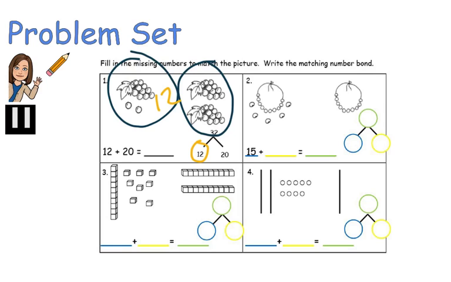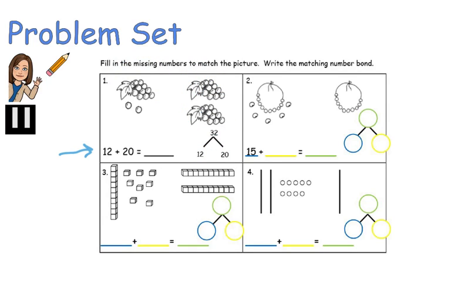And this group has 2 groups of 10, so that's 20, which they also filled in our number bond. So now we have to add 12 and 20 together, just like our equation is showing. So let's see. We have 10, 20, 30, 31, 32.